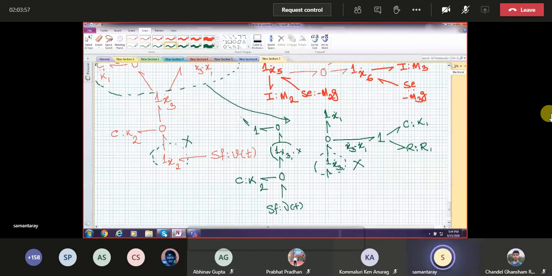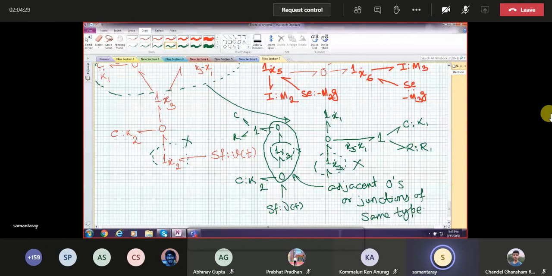So if you look at this, if X3 dot goes, then these two zeros become adjacent. Zeros or junctions of the same type can be merged.